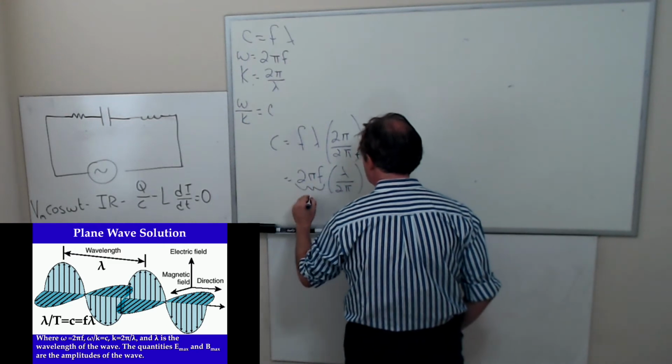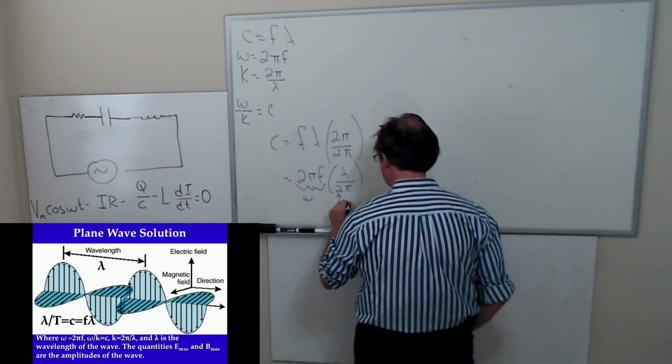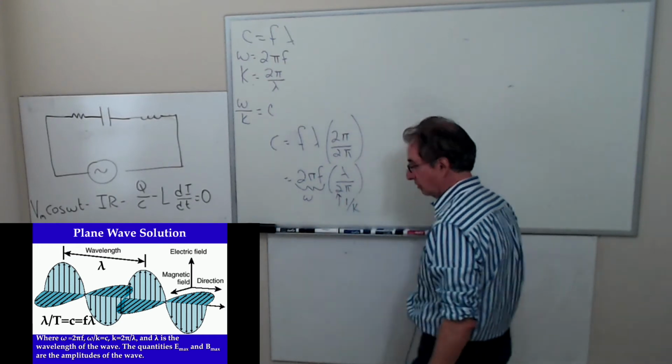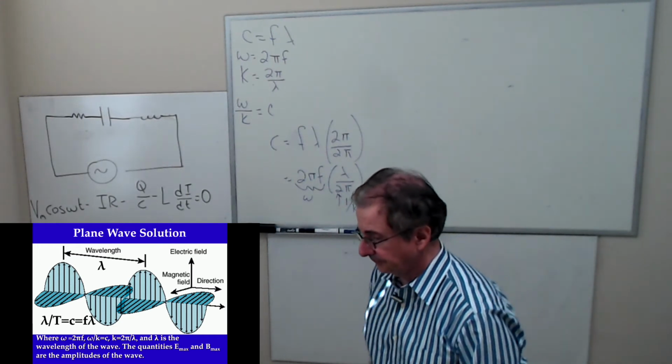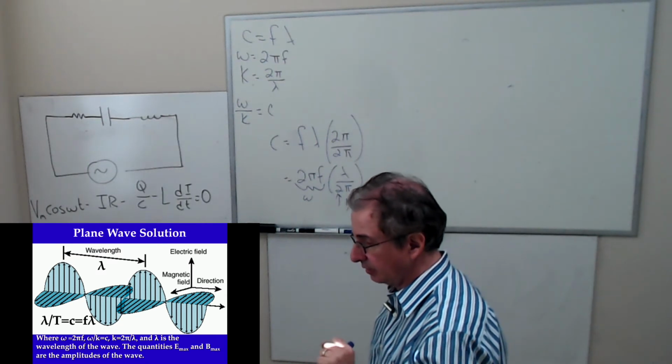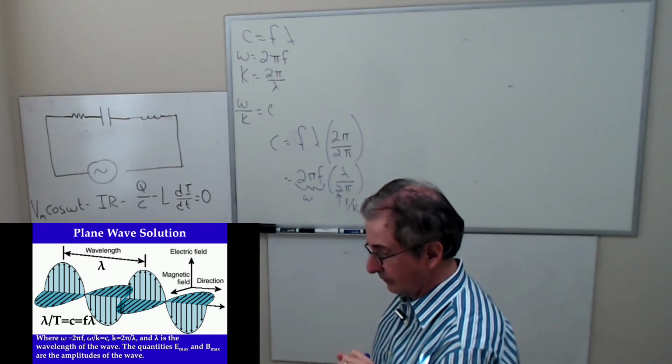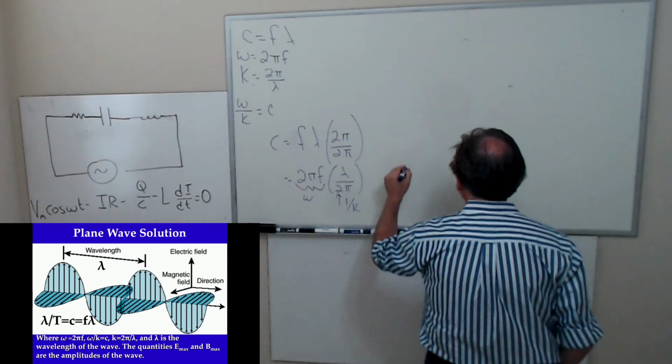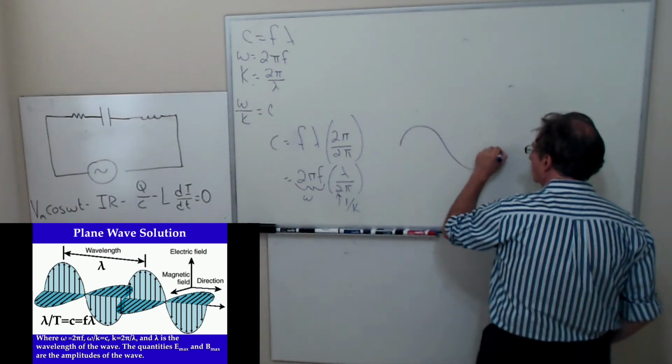That's omega. That's 1 over k. The quantities Emax that you see in the figure, or the Emaxes, is the amplitude of the wave.